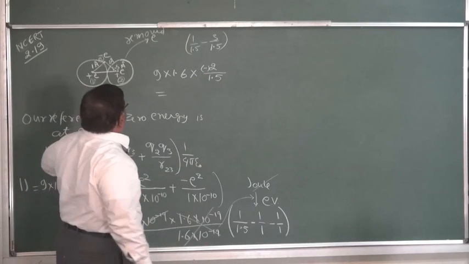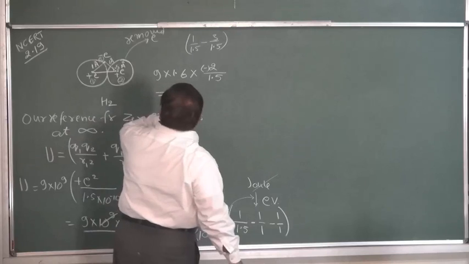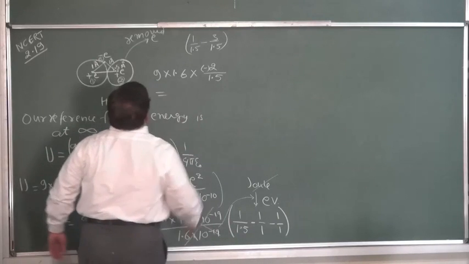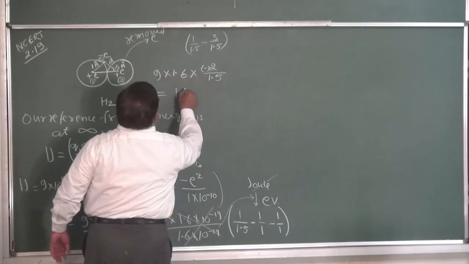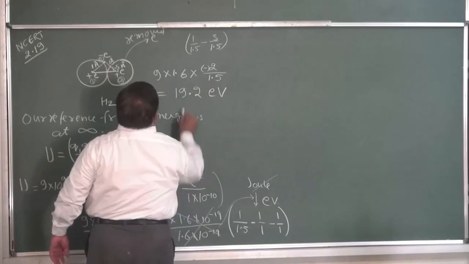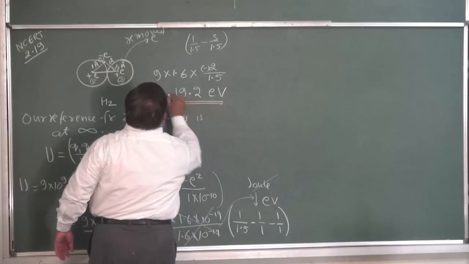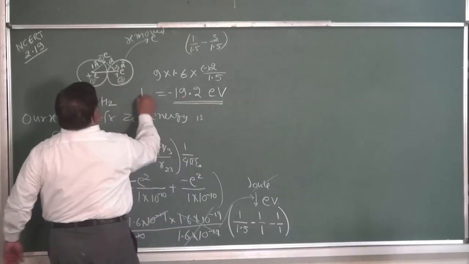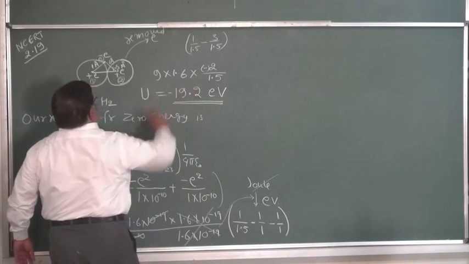And when you solve this, okay, this comes to 19.2 electron volt. This is the energy and the sign is negative.